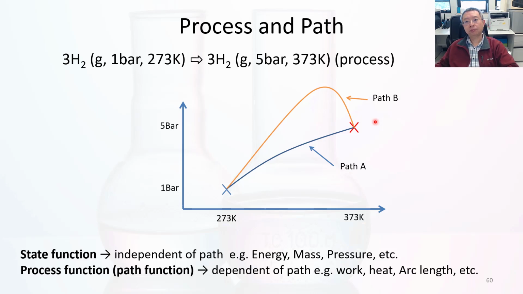So for a given process with the same initial and final state, if more heat is released, it is compensated by the work from this process. Their sum is constant, conserved.